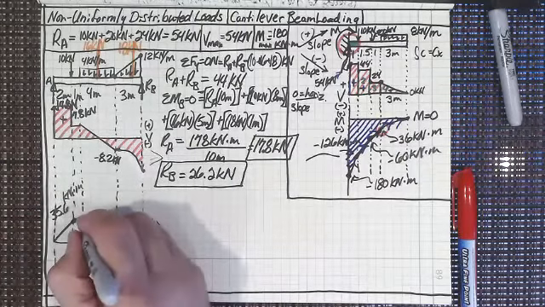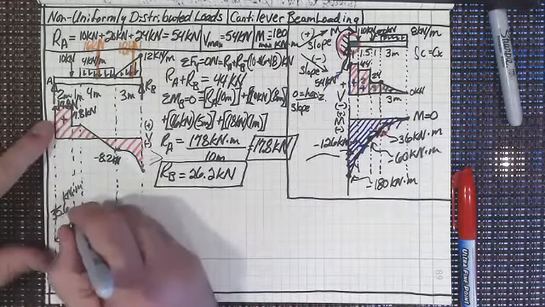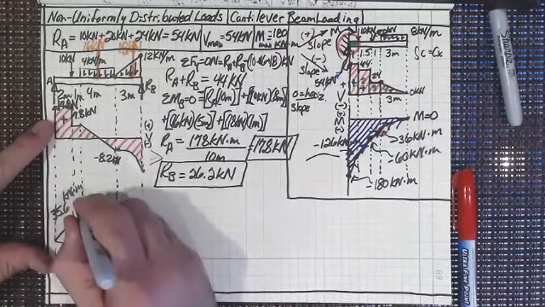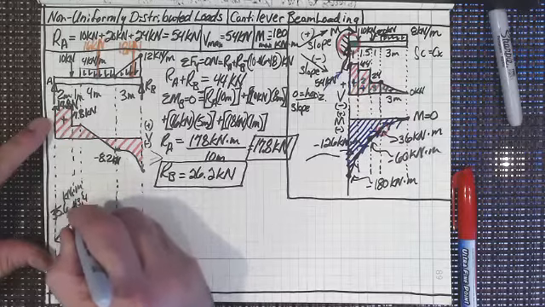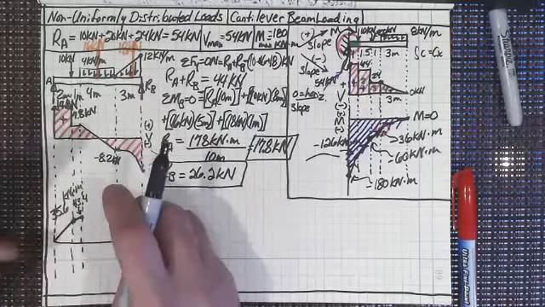And now that's 7.8. So 35.6 plus 7.8 gives me 43.4, right? And that is that location right there.